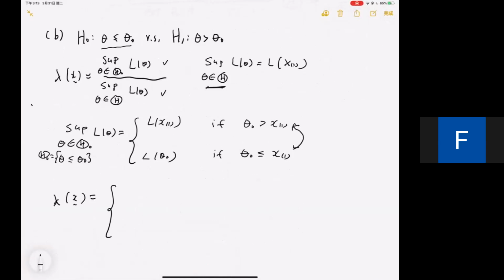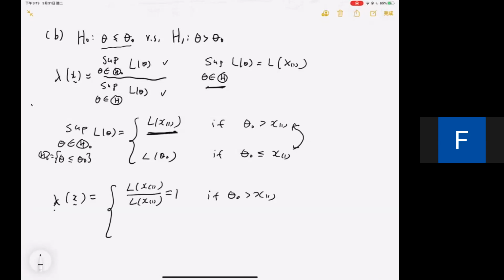So, okay, it's fine. If theta naught is bigger than x1, my numerator is the function plugging in x1, and the denominator is the function plugging in x1.